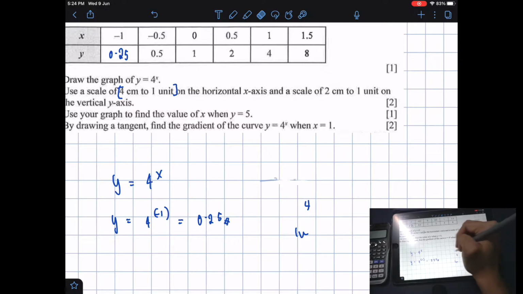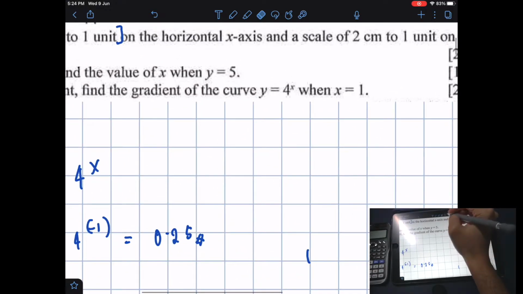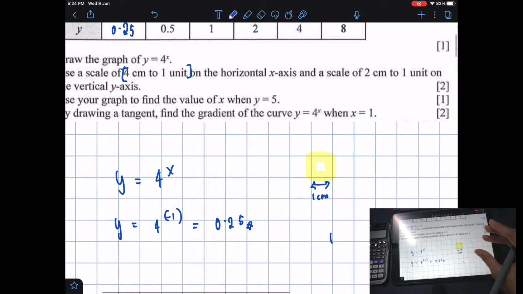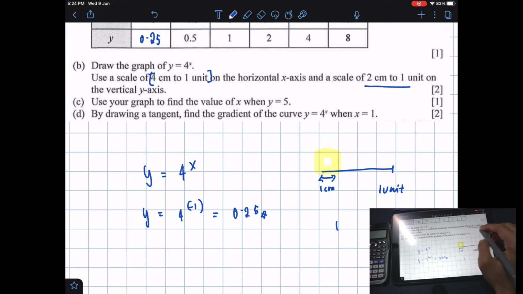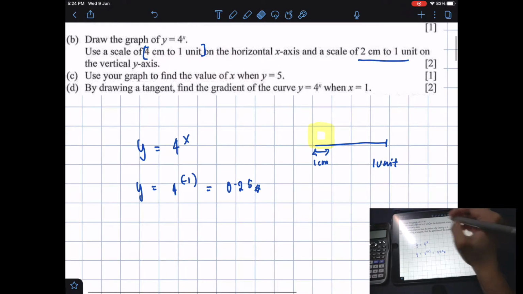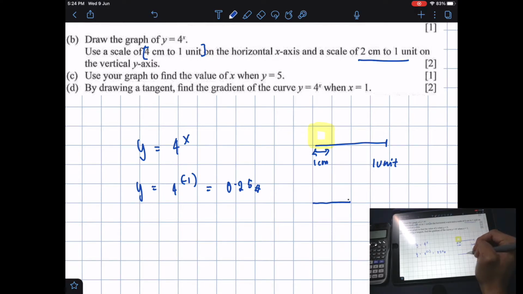Since we are doing it on iPad, for every single box, we will take it as 1 centimeter. So for the x-axis, it will be 4 boxes gives you 1 unit, and for the y-axis, 2 centimeters to 1 unit, meaning to say it will be 2 boxes which gives us 1 unit, which means an increment of 1, 2, 3, 4.